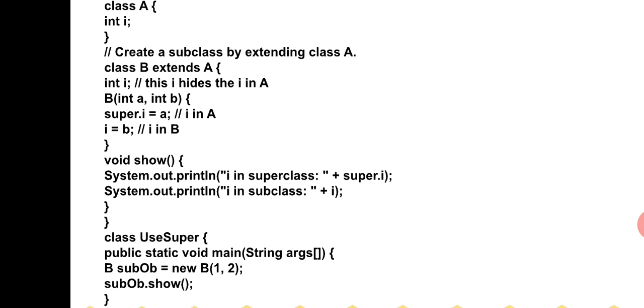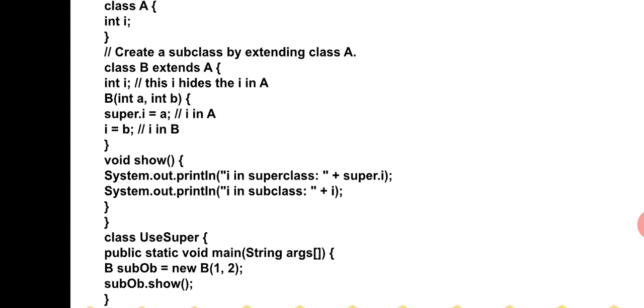So when you use super, it directly means that you are referring to the superclass's variable I. Now I = B means it is the I which is present in your B class. Remember, when you use the super keyword, you are accessing the member of the superclass. When you are not using the super keyword, you are referring to the variable of the same class, that is class B.